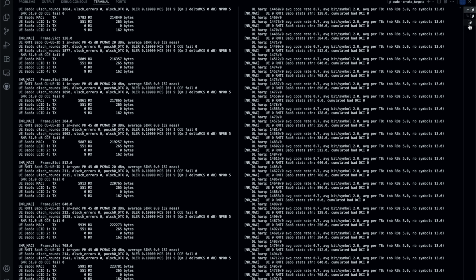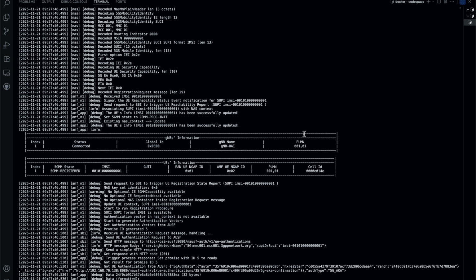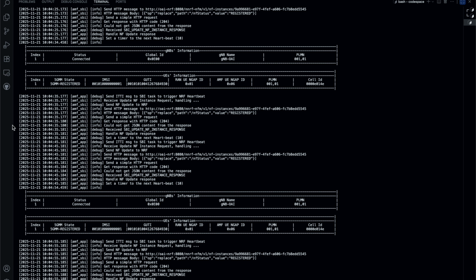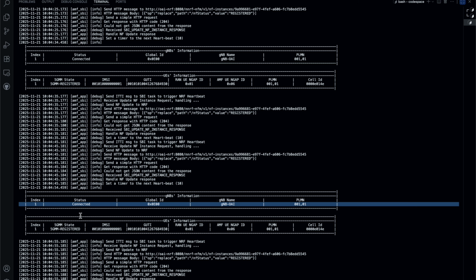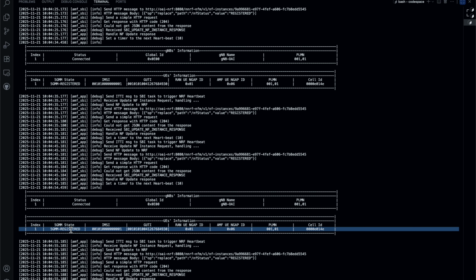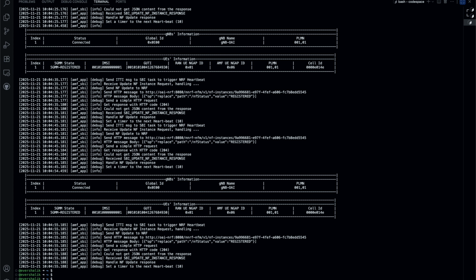And we can also have a look at the logs of AMF. So here you can see the gNB information, the status is connected, and the UE is also registered, and we can perform an end-to-end connectivity test by pinging the 5G core network from our UE.